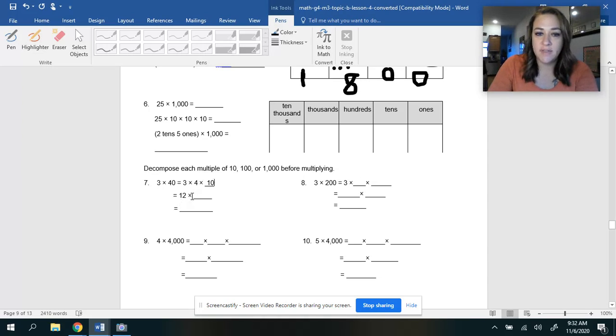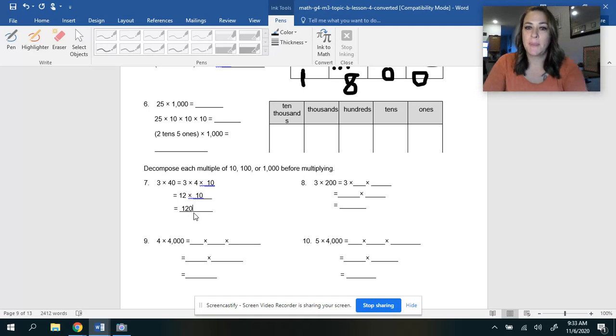So now we're going to take 12 times 10. Like we did earlier, if I have 12 tens, that's going to give me 120. 12 times 1 is 12. Add that 0 in there. That gives us 120.